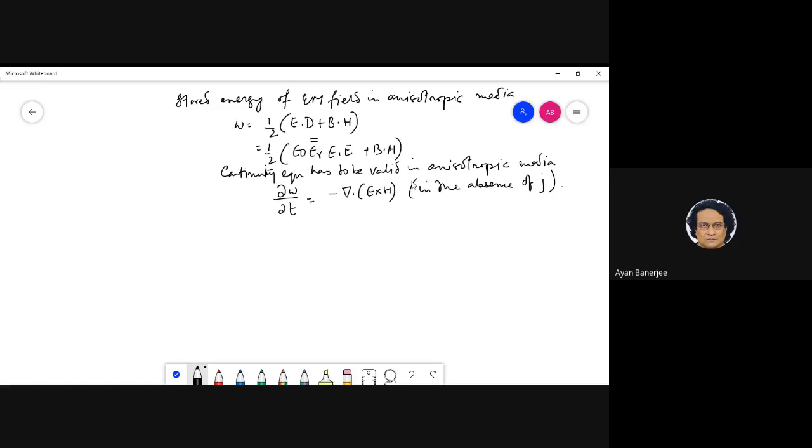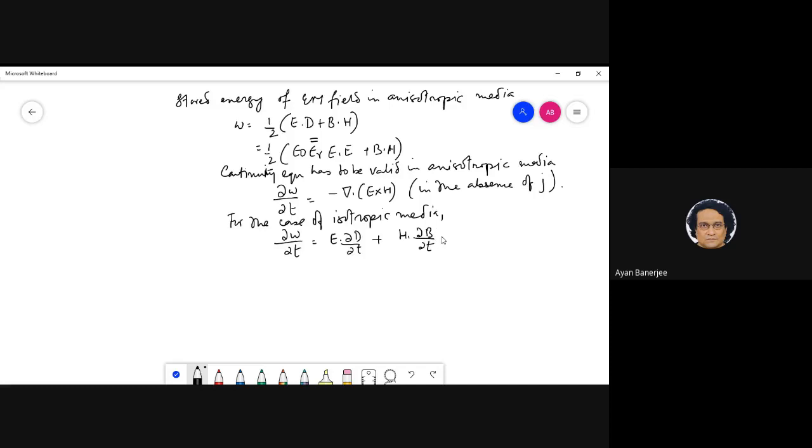Now there is a crucial thing that I am saying. Yesterday, we said that epsilon naught is trivial, so we are going to just take it out. Now remember, for the case of isotropic media, we insisted that this del W del t has to be equal to E dot del D del t plus H dot del B del t, right?